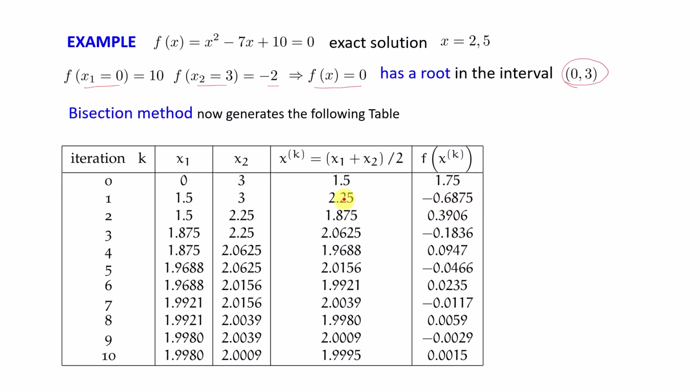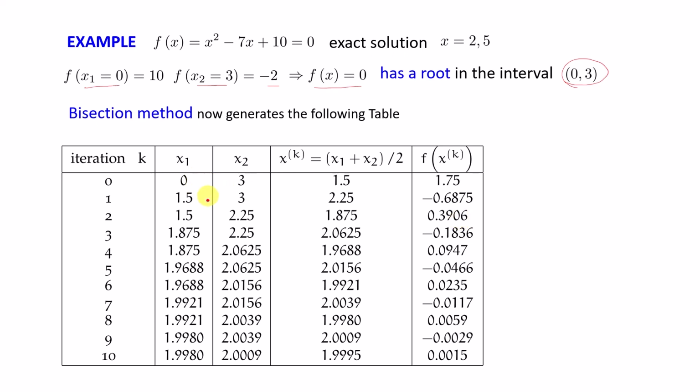Then I take this 2.25 as my new x2, my x1 is 1.5, so my x is 1.5 plus 2.25 divided by 2, that is 1.875. f of x is 0.3906. You can see that we are coming down.